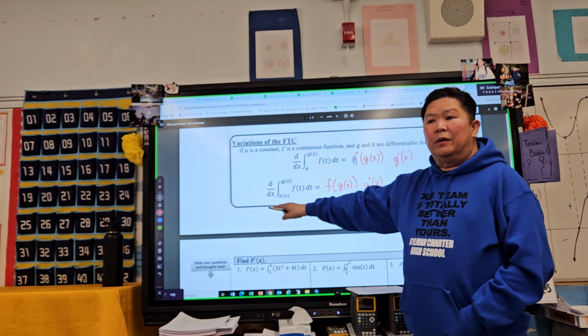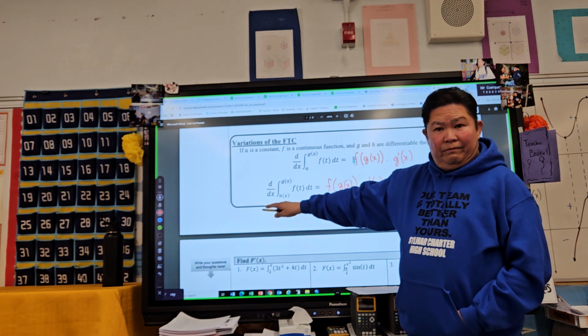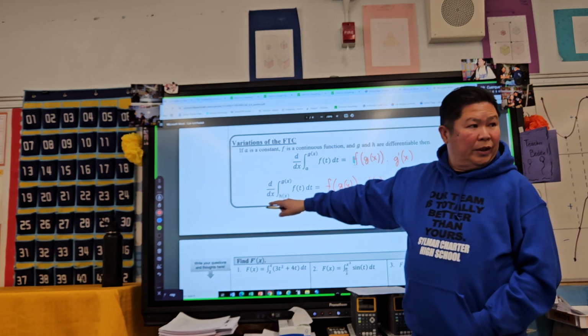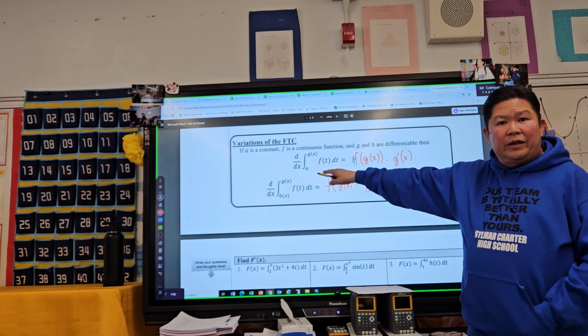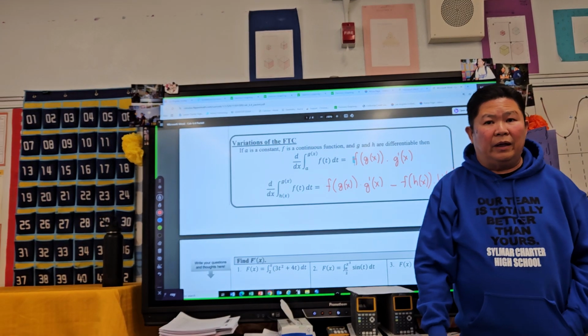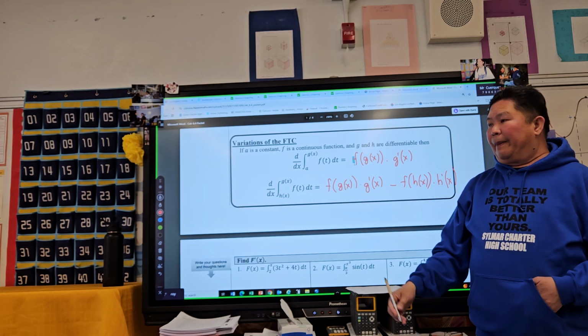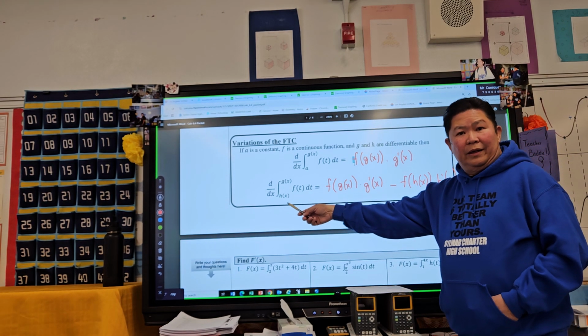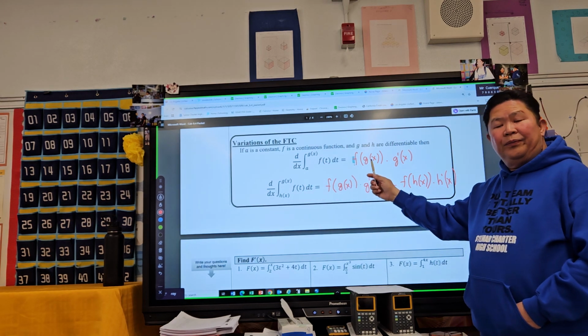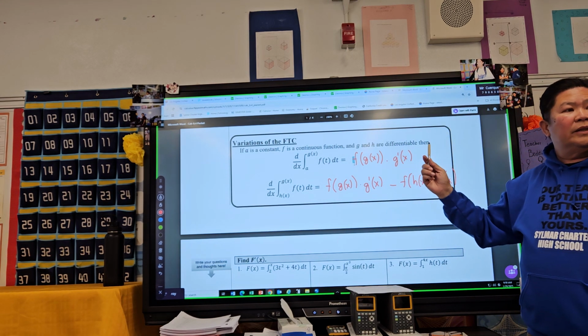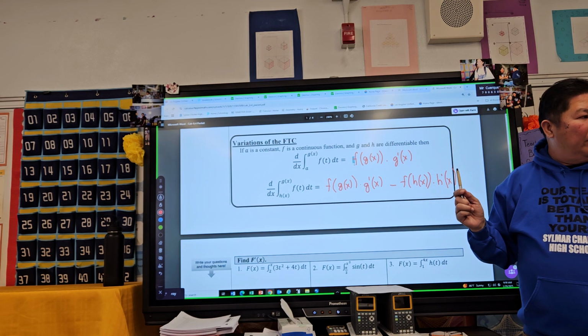When to use this formula? If the lower limit is a function, not a constant number. Unlike the first one, where a is understood to be a constant number. Once it has a constant limit, you just have f of g of x times g prime of x.